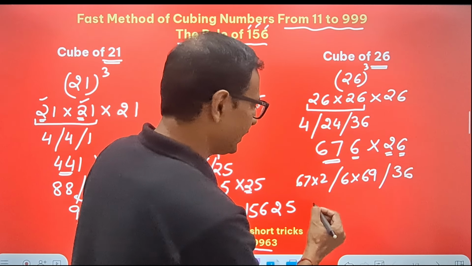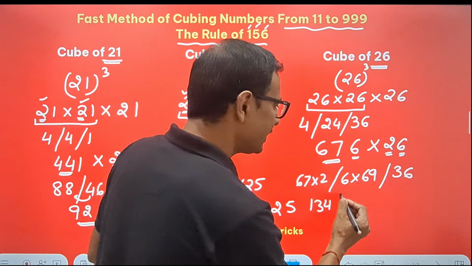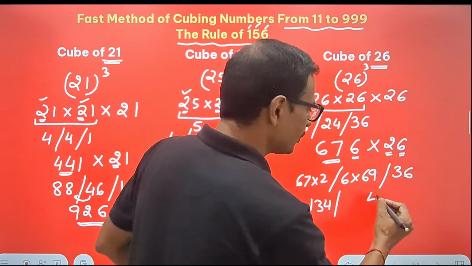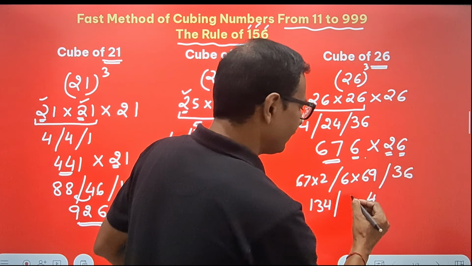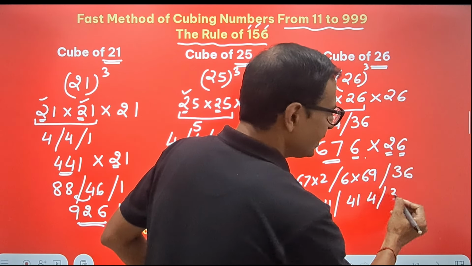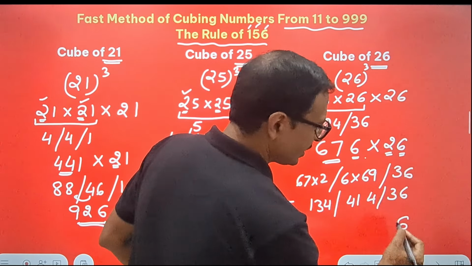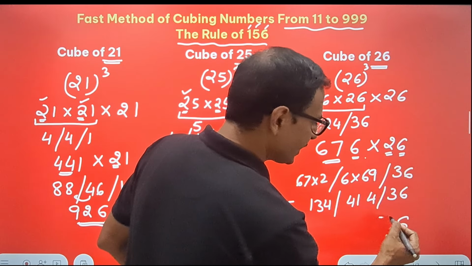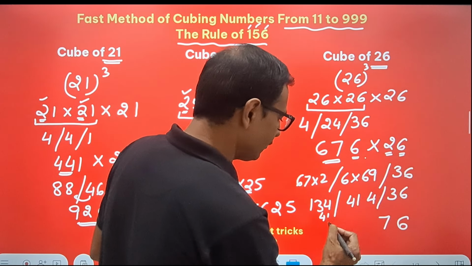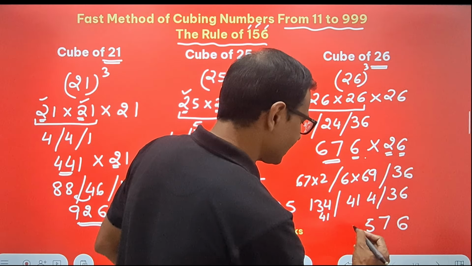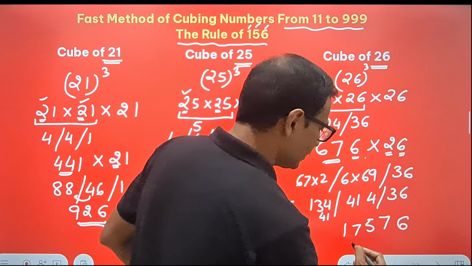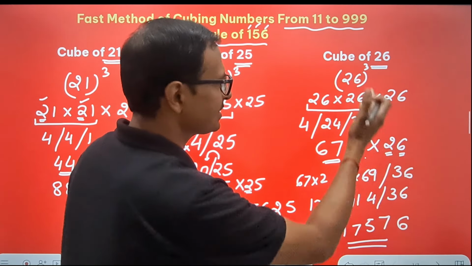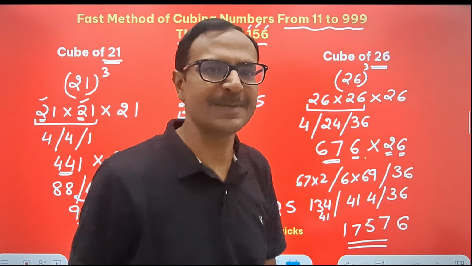So this becomes 134, and this becomes 6 times 9 is 54, so 5, 36 and 5, 41, and then 36. So you have a 6, then 3 goes here, and this becomes 7, 41 gets carried forward, so this is 5, this is 7, and this is 1. So 17576 is the cube of 26.